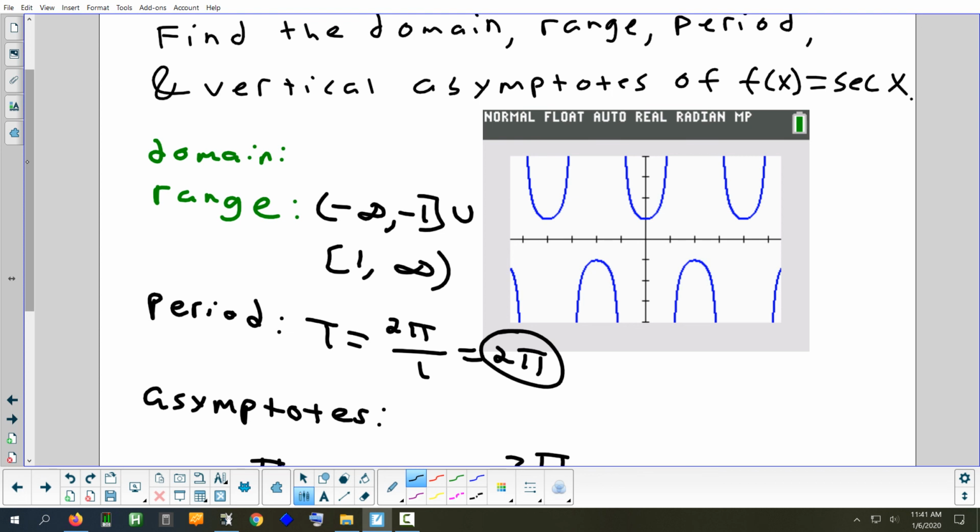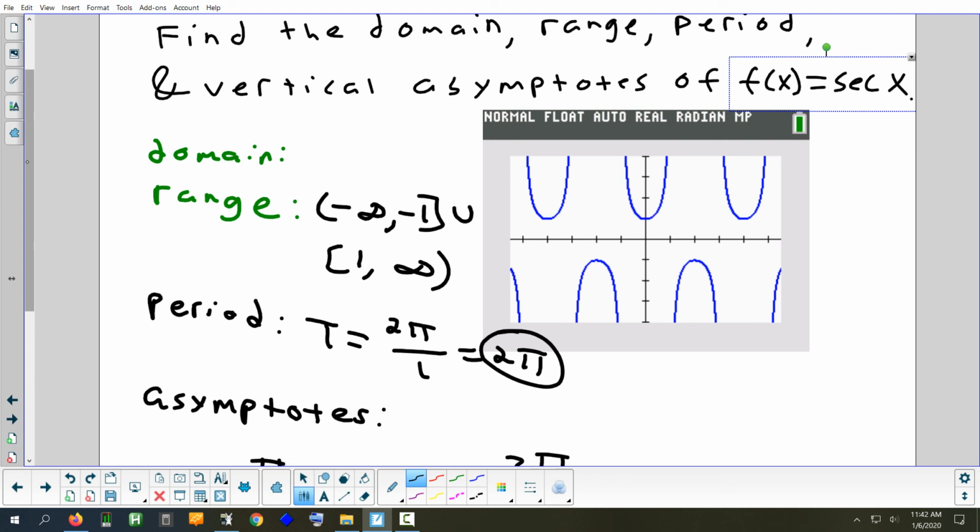What's the argument here? What's my argument in f of x? Can anyone help him out? What's the argument to the secant function right there?